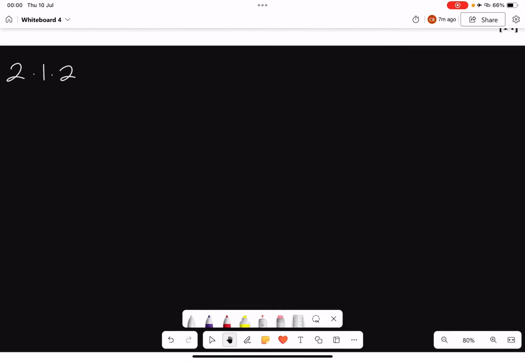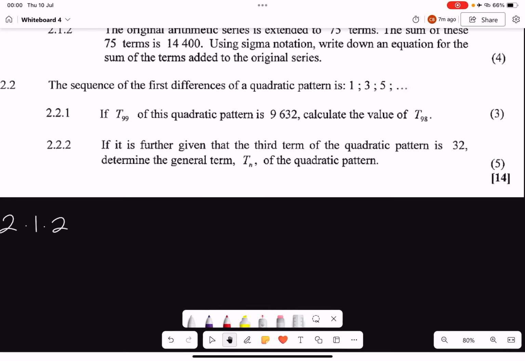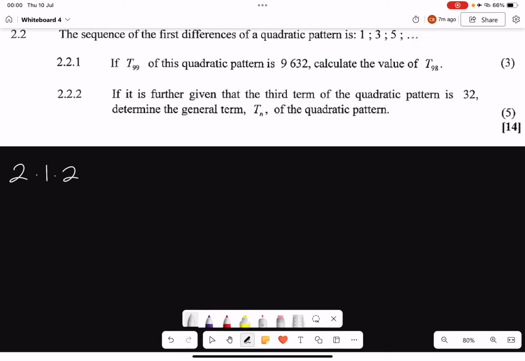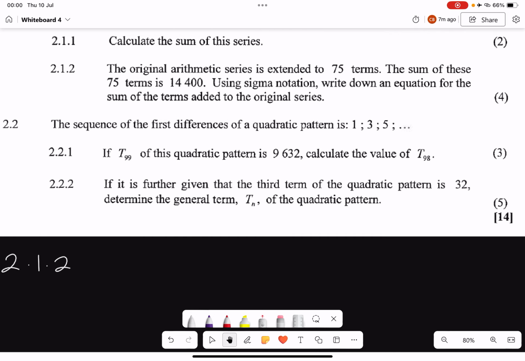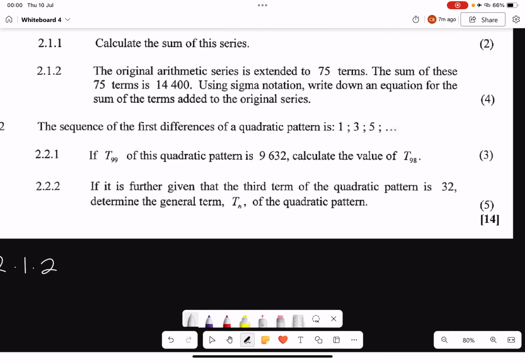So we have 2.1.2. On 2.1.2, things get juicier, right? The series is extended to 75 terms, and the total sum of these 75 terms is 14,400.